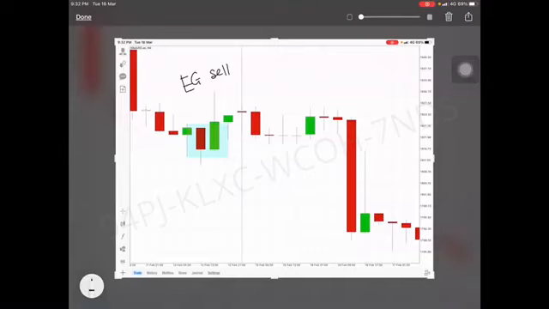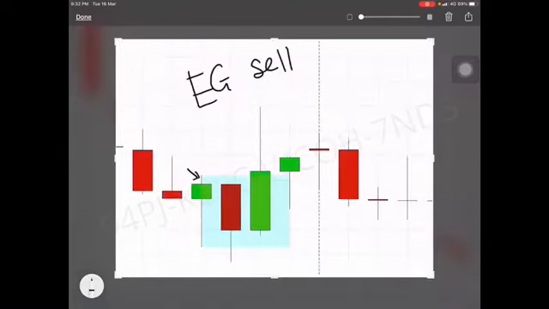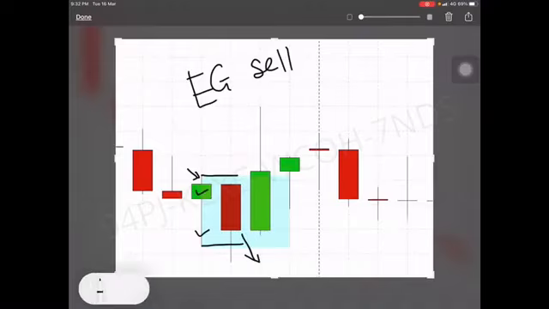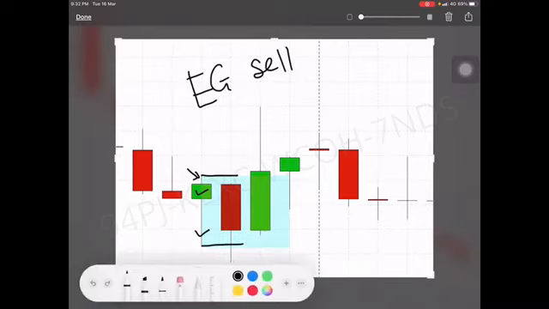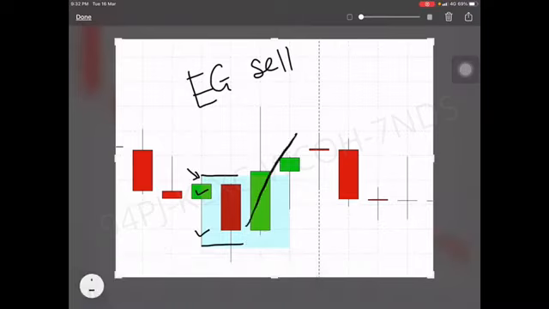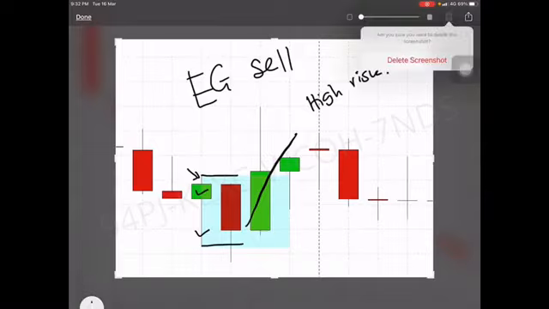But if you look closely, the upper shadow has not been consumed, right? The lower shadow has been consumed, the body has been consumed, but not the upper shadow. So do you see what happens? The price did not go down and the price goes upward. So this is a high risk. Is it clear?